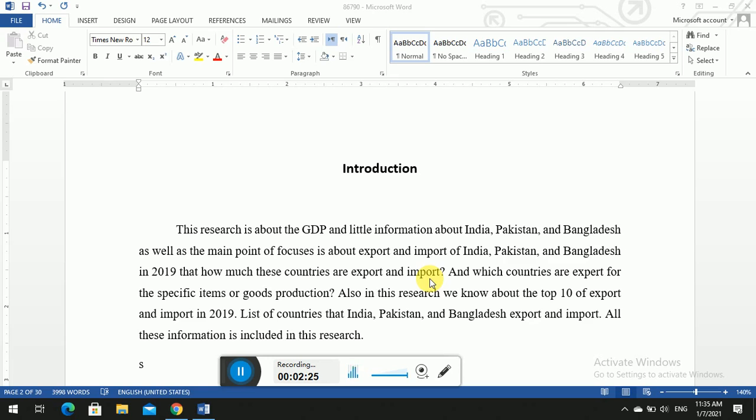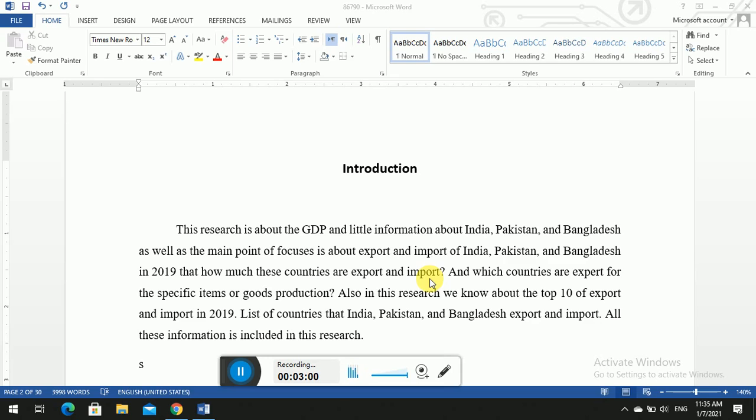So let's see this research, which has been conducted, I think it might be the latest information. It's all about GDP and information about India, Pakistan, and Bangladesh imports in 2019. That's only for 2019, or it might be 1 or 2 years. So this research is about the GDP and a little information about India, Pakistan, and Bangladesh, and the main point of focus is the export and import of these countries in 2019, how much these countries export and import.